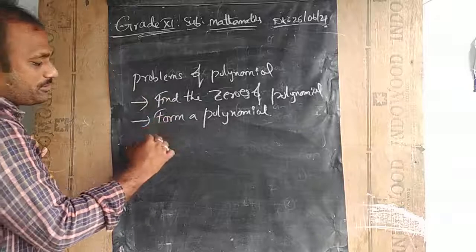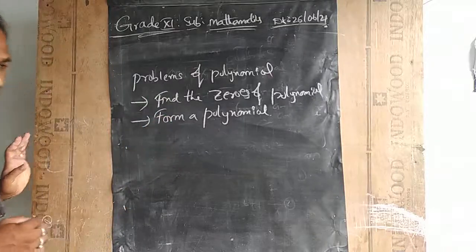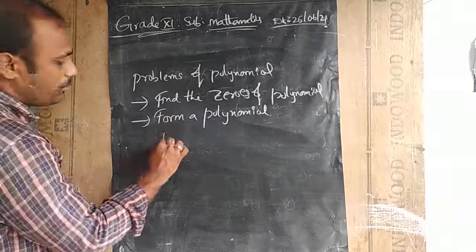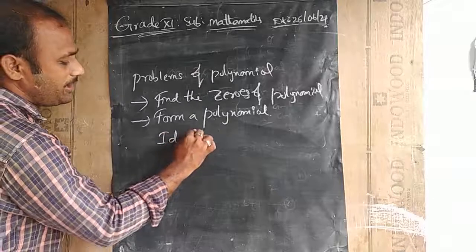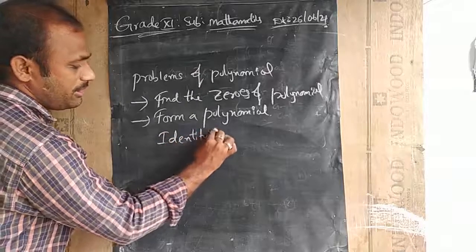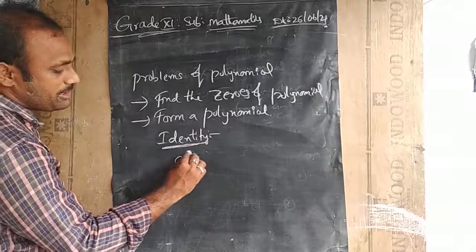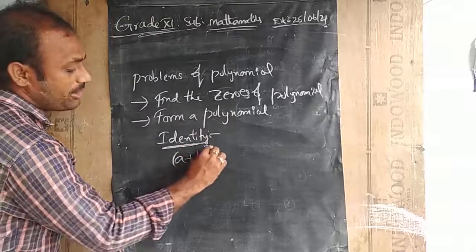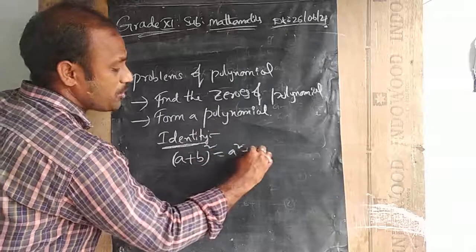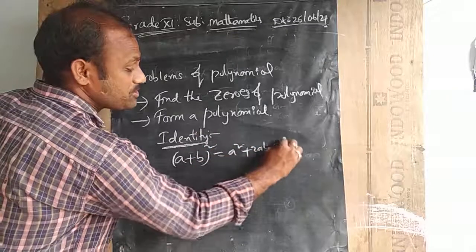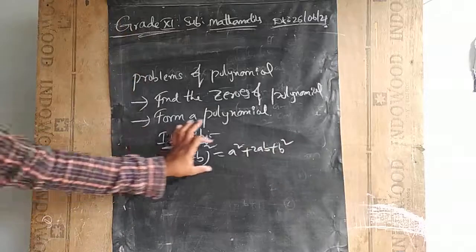Now, next topic here, identity. Identity clearly gives the meaning of an equation. For example, let us take the formula a plus b whole square is equal to a square plus 2ab plus b square. This is generally an equation.